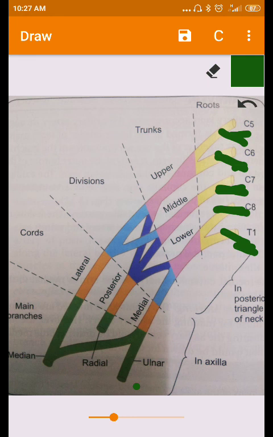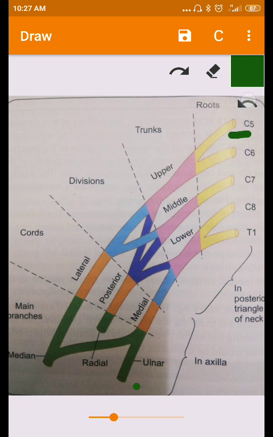Next comes the root trunk level. What are the branches which are coming from the trunk? So the C5 and C6 roots, that is the upper trunk, give the nerves. One is the suprascapular nerve and another one is the nerve to subclavius.